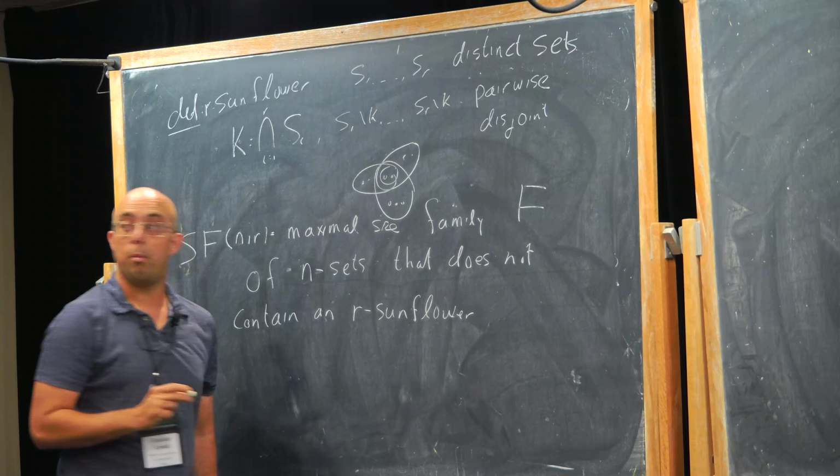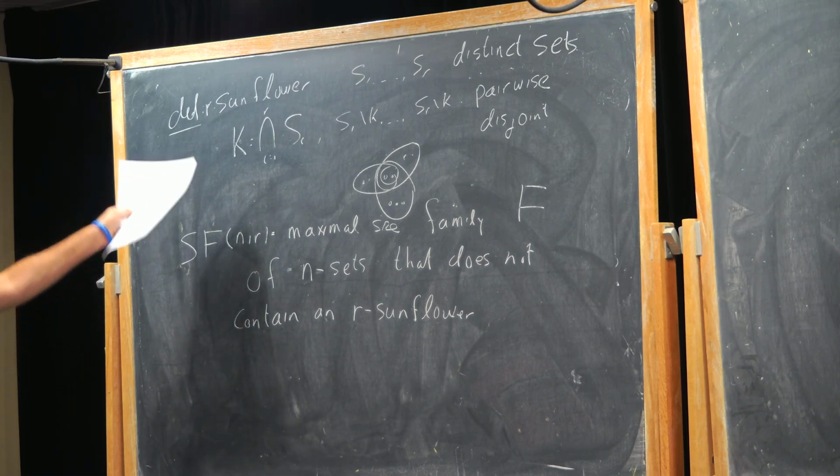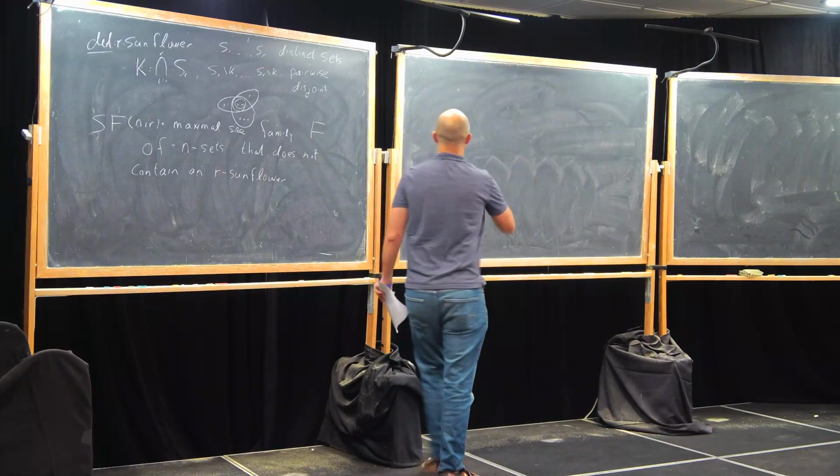To remind you, an n-set is a set of size n. Right, and the main goal is to try to prove bounds, lower and upper bounds, on this Ramsey quantity. What's the largest size of a family of sets of size n that does not contain this specific pattern, an R sunflower? And we've seen several bounds yesterday.